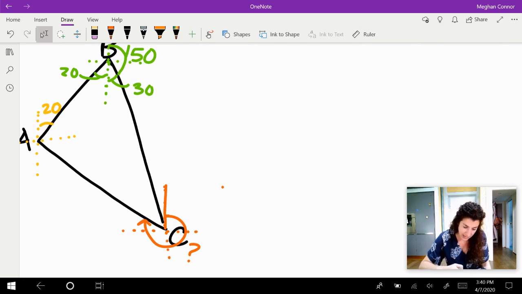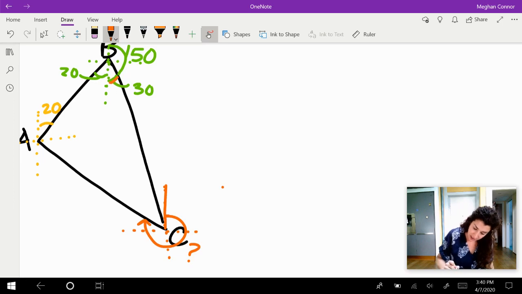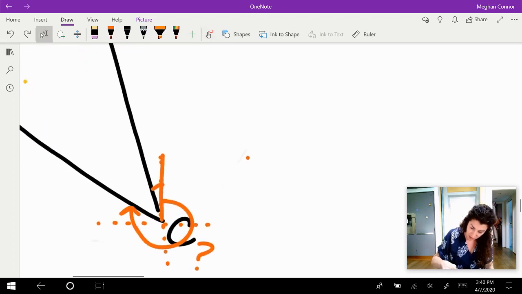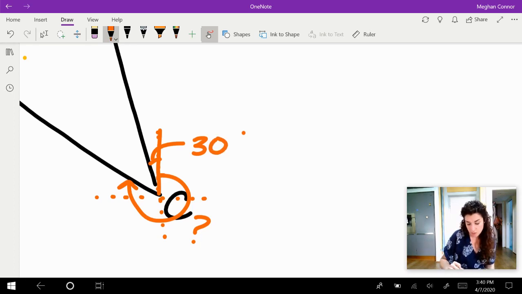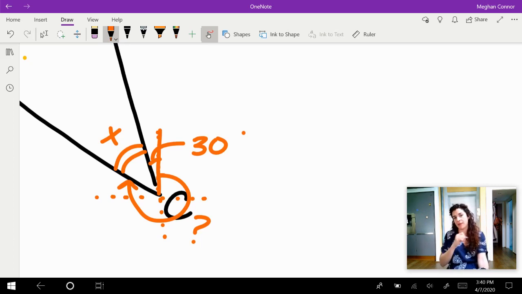I know that alternate interior angles, this one right here and this one right here, are the same angle. So that one right there is going to be 30. I think if I solved for this angle right here, then I could subtract 30 and x from 360 and then solve for that bearing angle.